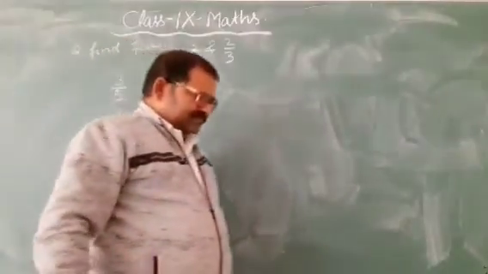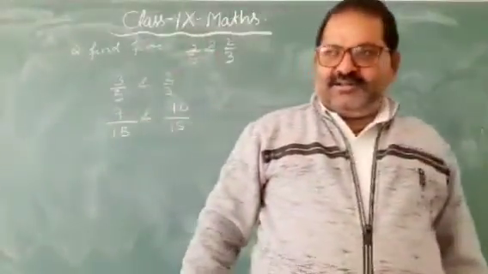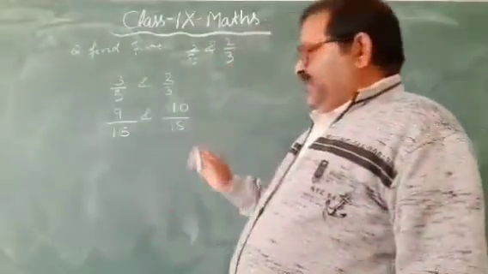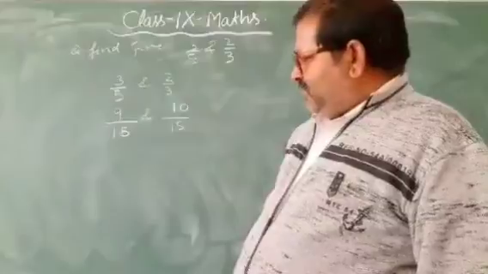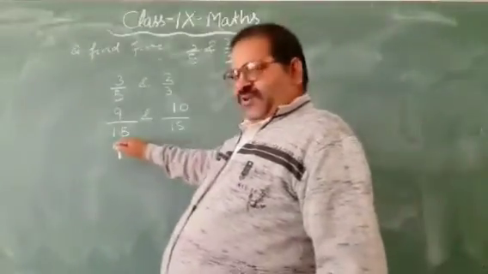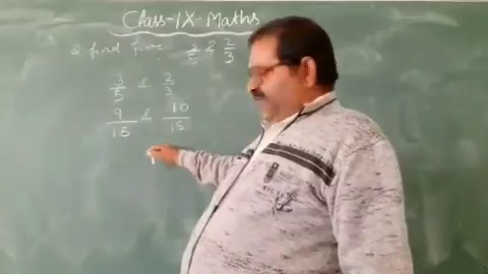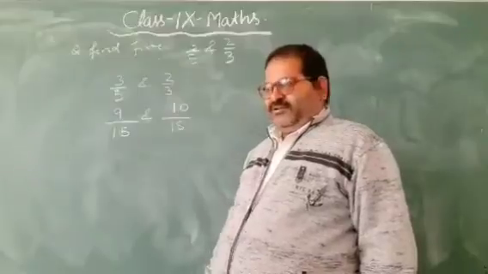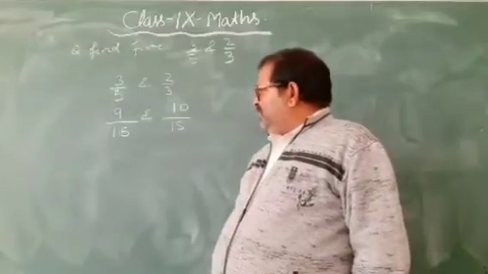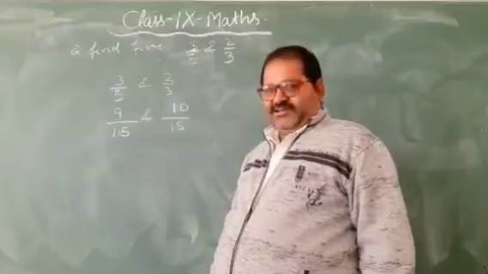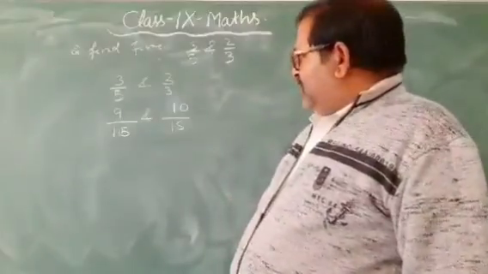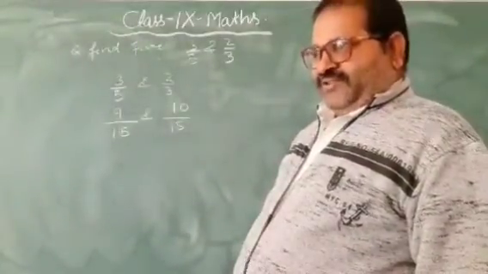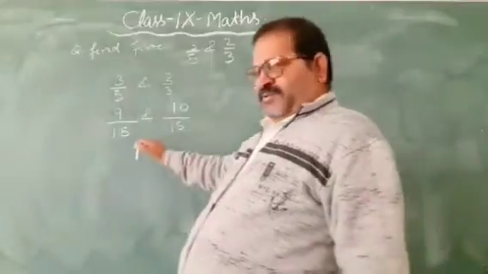In both numbers the denominators were different, so we maintain the denominators as equal by taking the LCM, to find five rational numbers between these numbers.